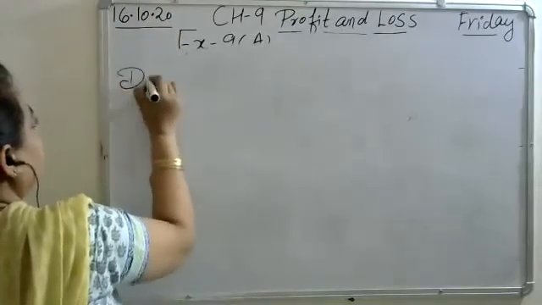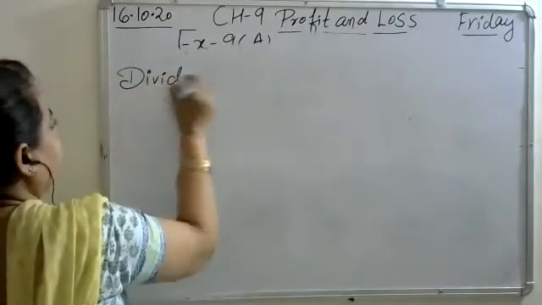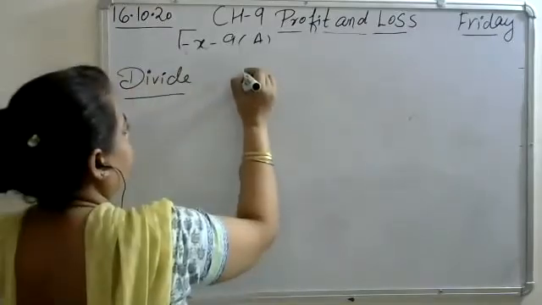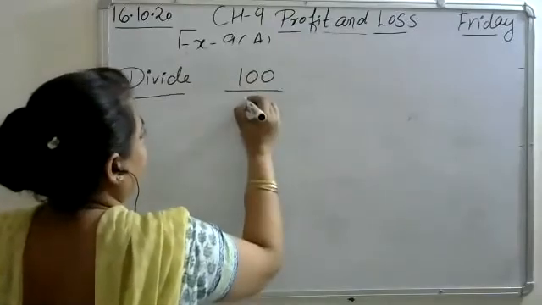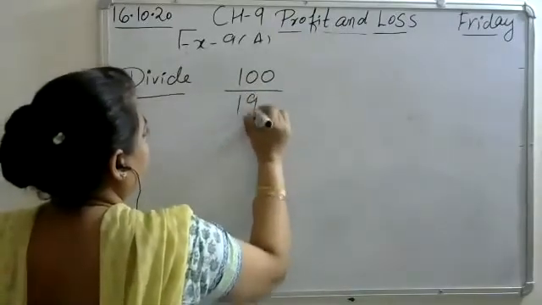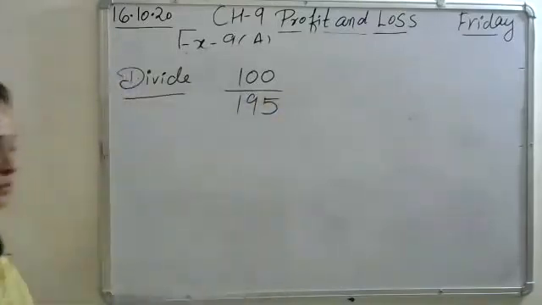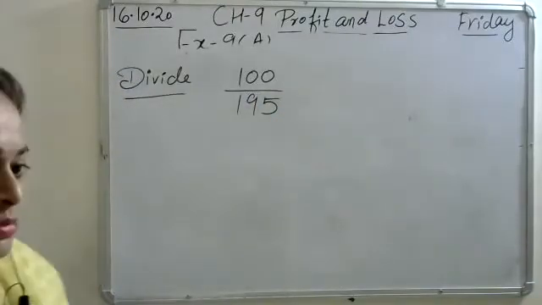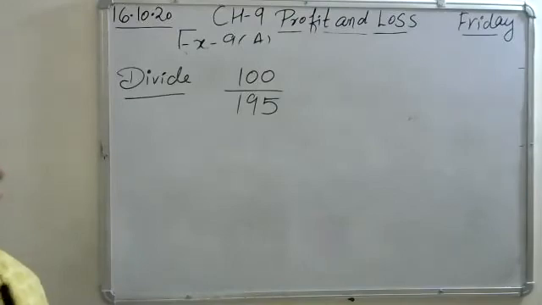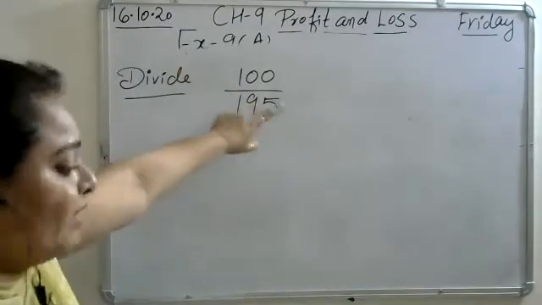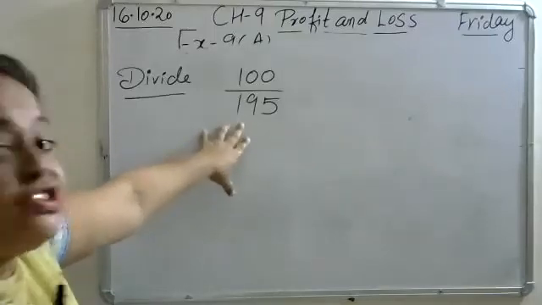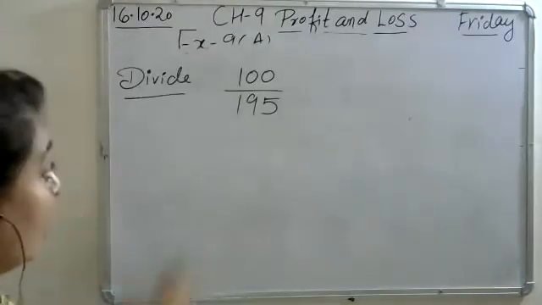Now divide 100 by 195. Now tell me, during division, what number will you write inside, or which number is your divisor?